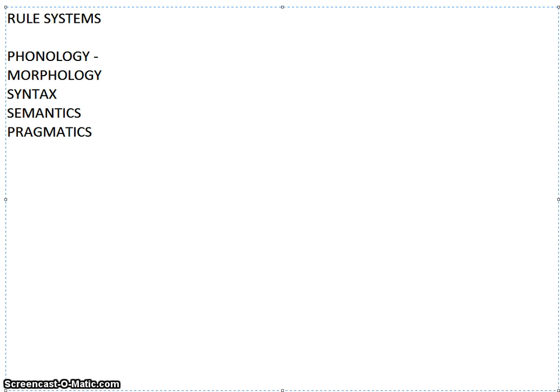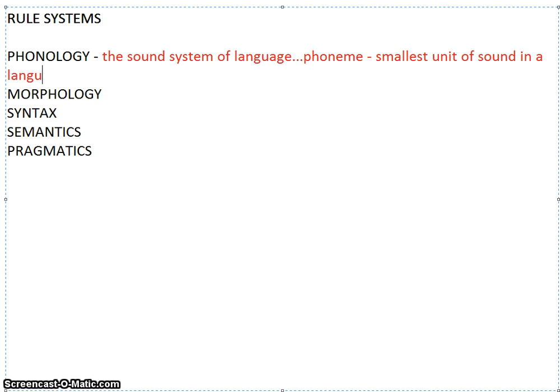So phonology is the sound system of language. What this means is you have phonemes, and then we'll get into morphemes with morphology. But a phoneme is the smallest unit of sound in a language. So examples of phonemes would be ba, ma, da, those sorts of things.